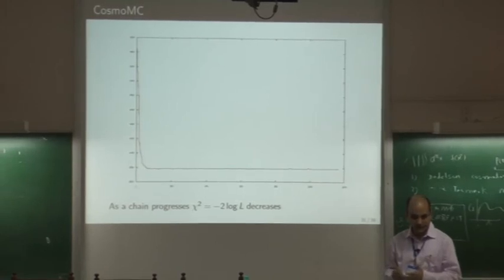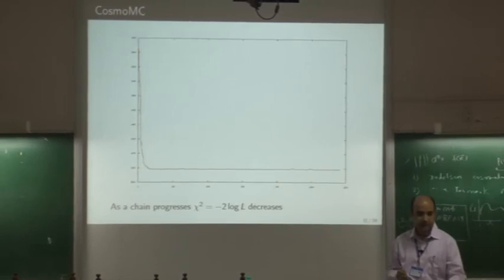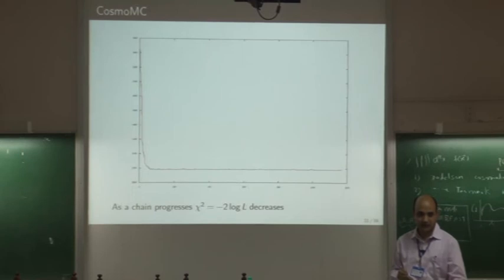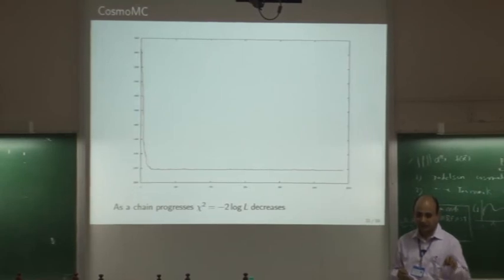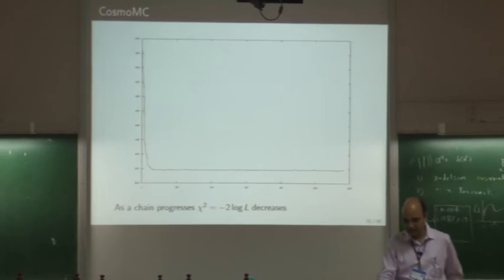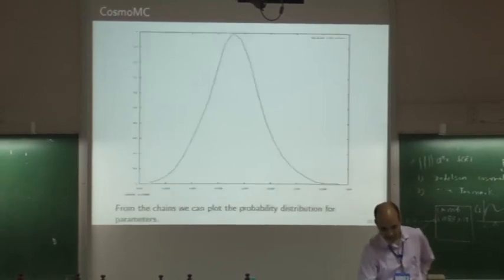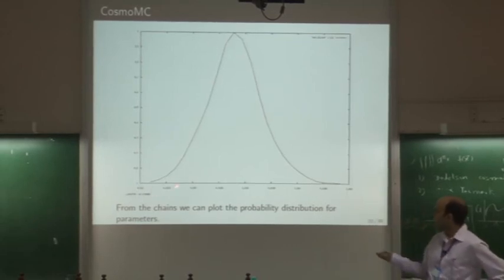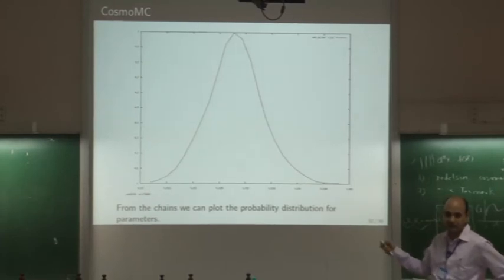For example, if the sampling is very diffuse around the point of maximum likelihood, we say the error bars are large. But if the sampled points are very compact around that point, then the error bars are small. So it's like a probability distribution, and we can get a probability distribution for every parameter once we have these sampled points.